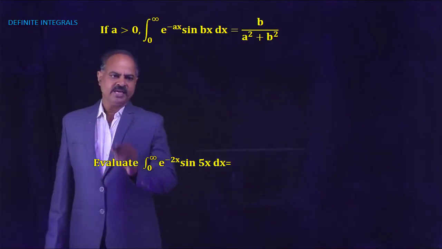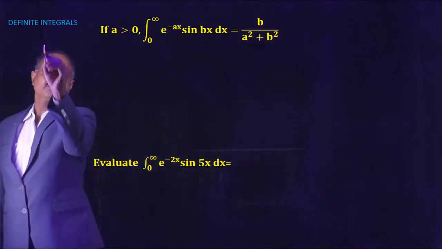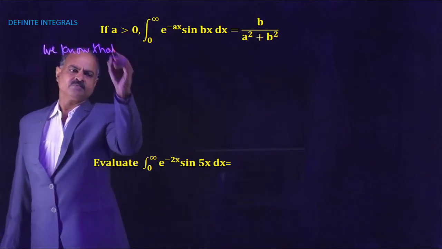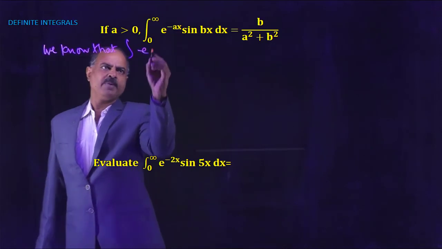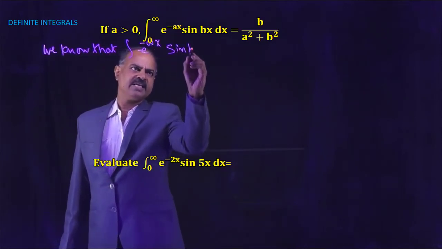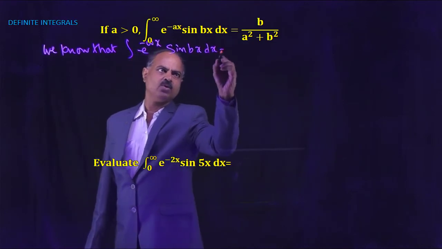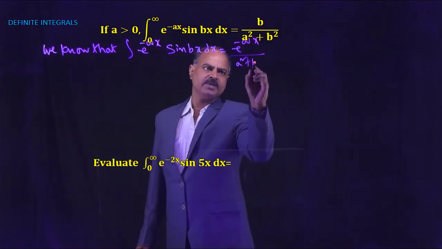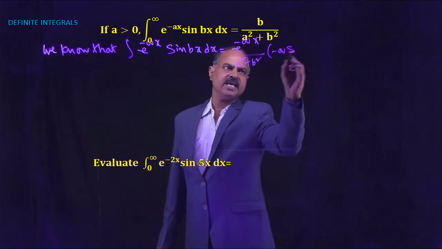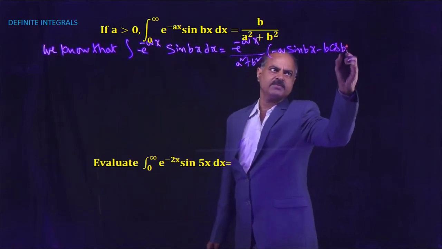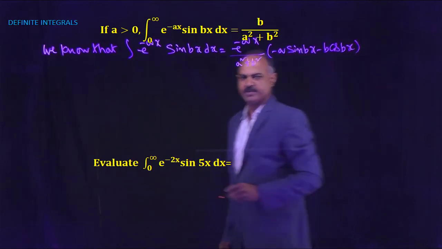So we know that integral e power minus ax into sin bx dx equals e power minus ax by a square plus b square into minus a sin bx minus b cos bx.